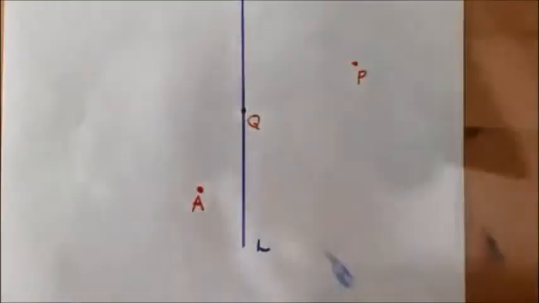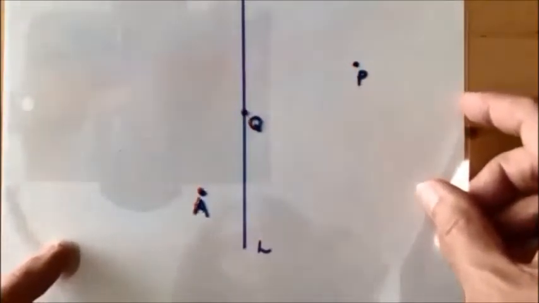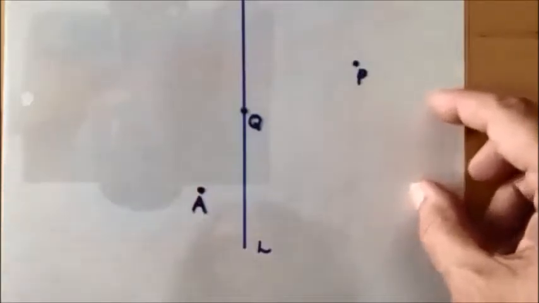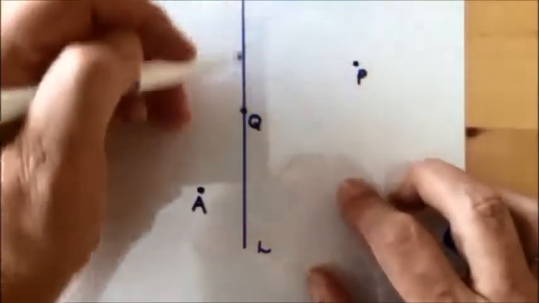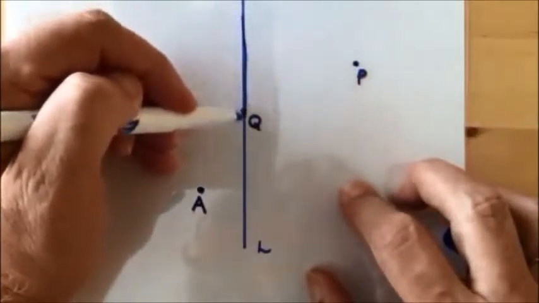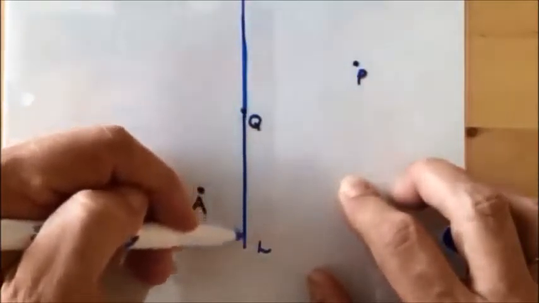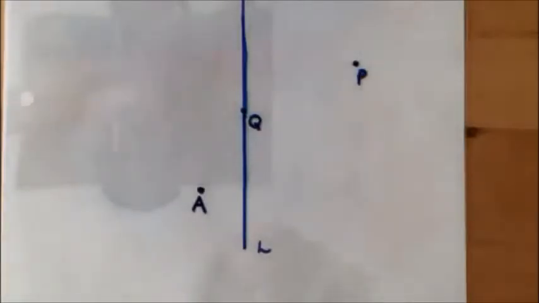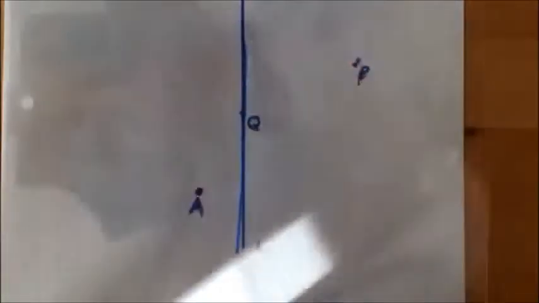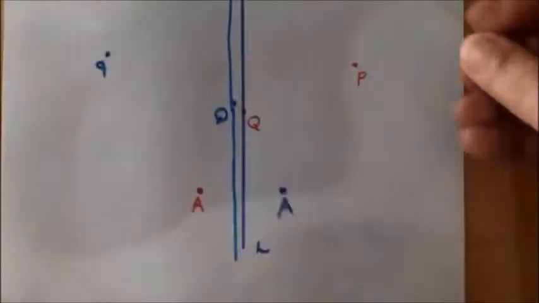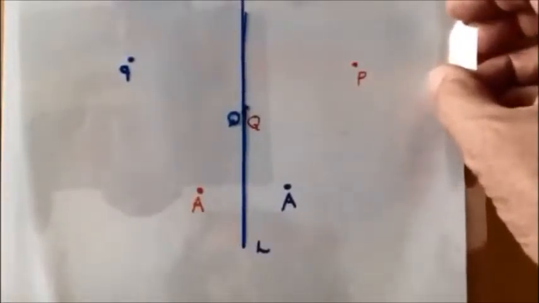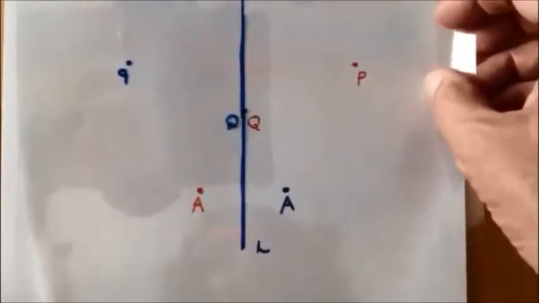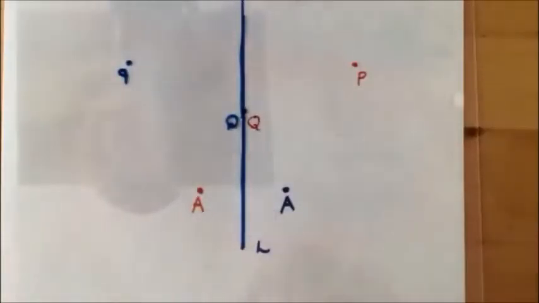Oh, forgot something very important here. I want to also draw the line of reflection because then I can match it back up. So here's my line of reflection. Otherwise I don't know where to put it. Okay, so I'm going to flip it over. The line of reflection stays put, and everything else reflects around it.